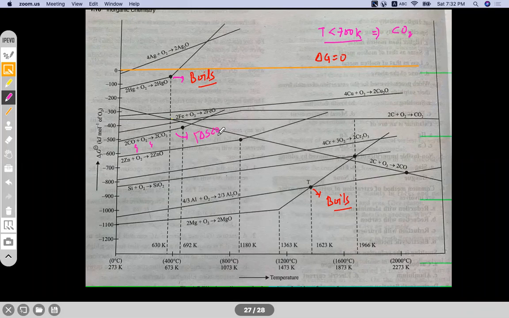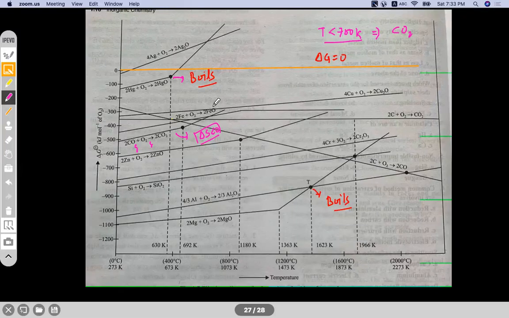Yes, sir, entropy is decreasing. So with increase in temperature, delta G increases, the normal relation we had for other gases. At this point we'll have a phase change and there is a sharp change in the graph. Okay, so we had done all these things.